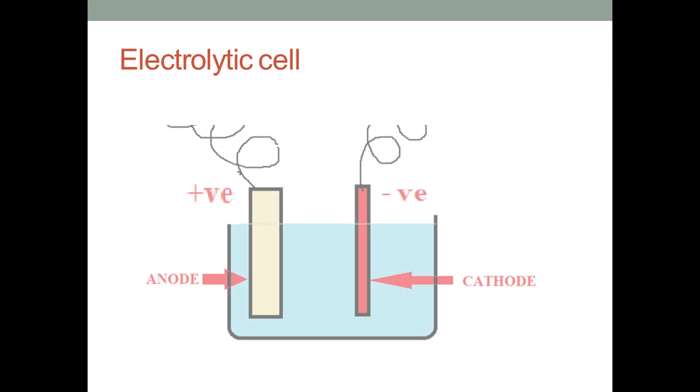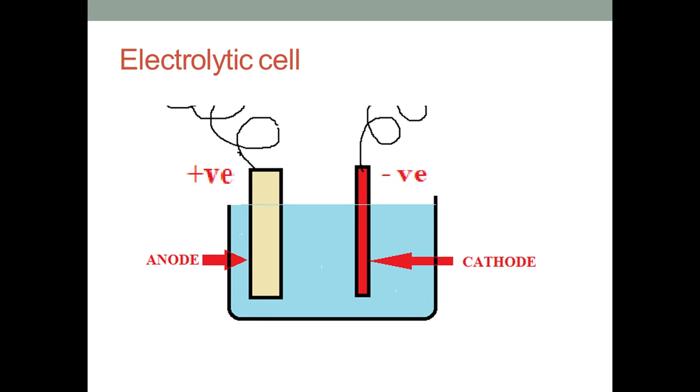So what about the electrolytic cell? You can see in the pictorial here, there is a common single container where both the electrodes are put together, and positively charged is the anode and negatively charged is the cathode. As we know, oxidation is always carried out at the anode, and reduction is carried out at the cathode.